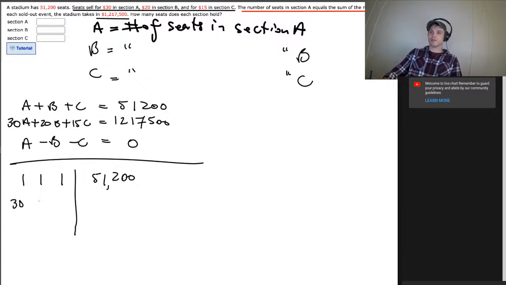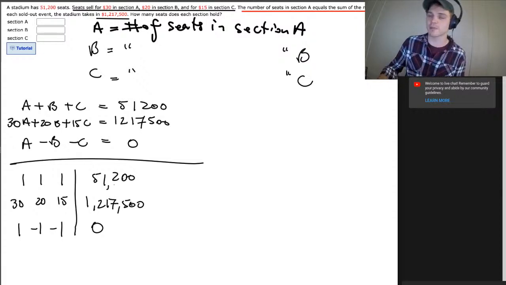Then we have 30A, 20B, and 15C, and this is 1,217,500. If I were doing this, I probably would not have written out these full values. Then we've got 1A, negative 1B, and negative 1C, and then 0. Okay, so here's our matrix.